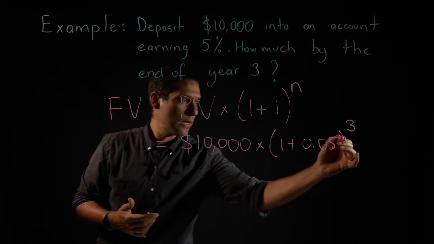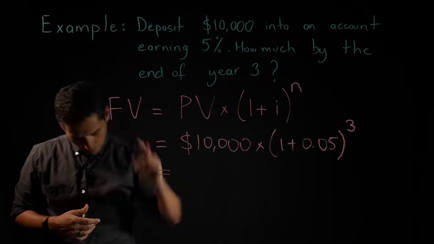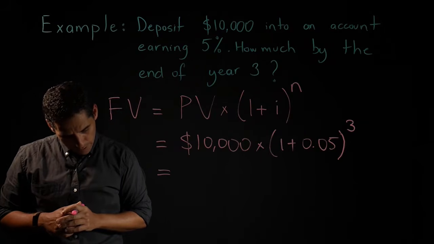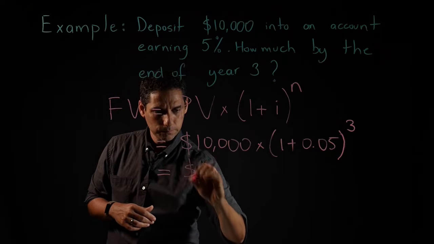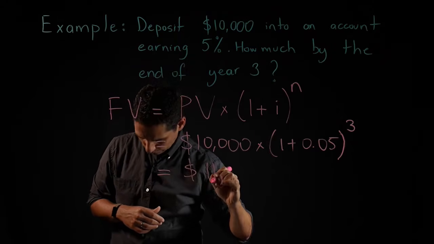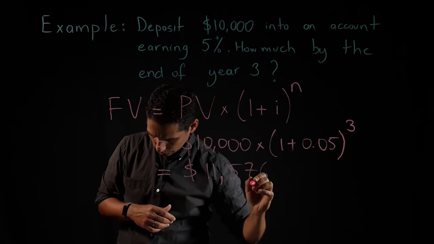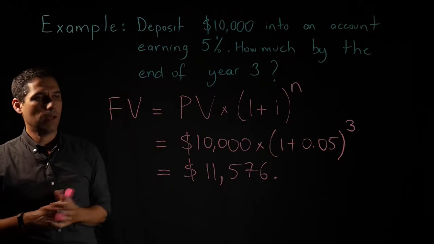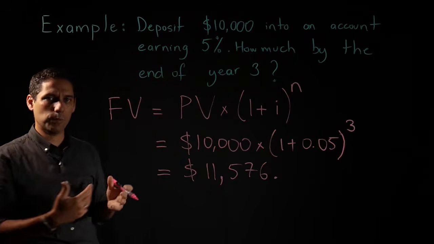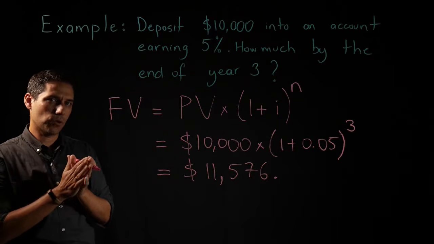And if you plug these into a calculator, what we will find is the answer will be $11,576. And when you have a large number and many decimal places, what we generally do, unless stated otherwise, is round it.